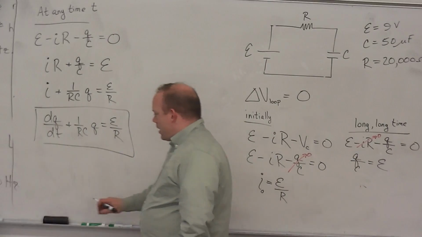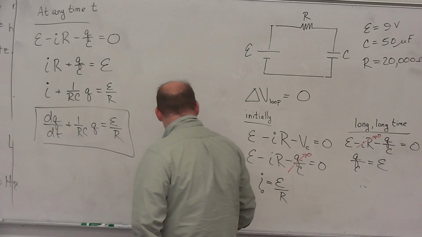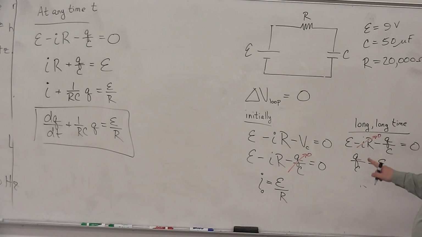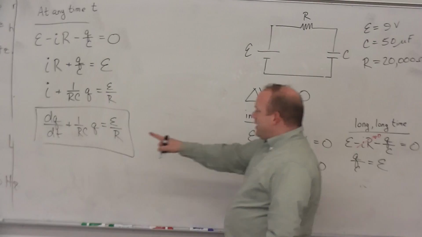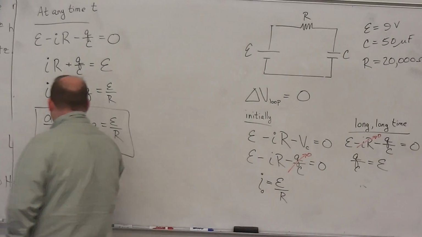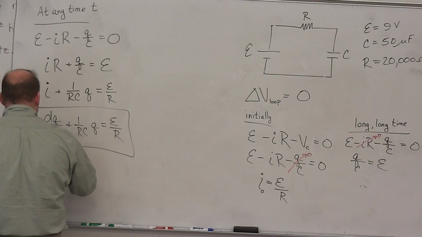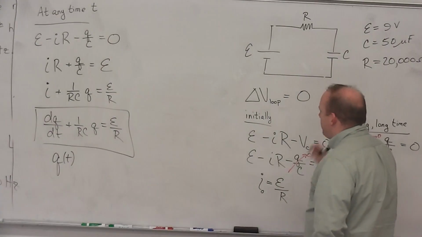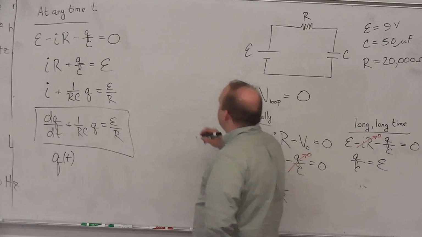Now, let's think back to over here. Initially, we need an equation that fits this. We need an equation for Q, Q as a function of time, that will match this. Well, let's think about what happens.